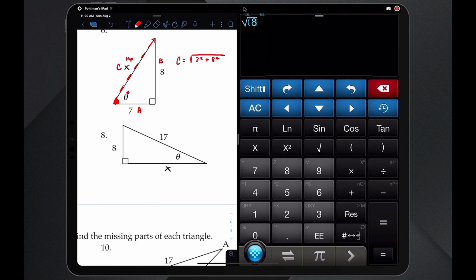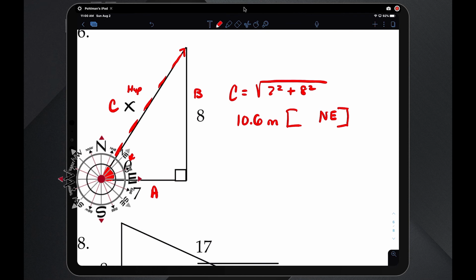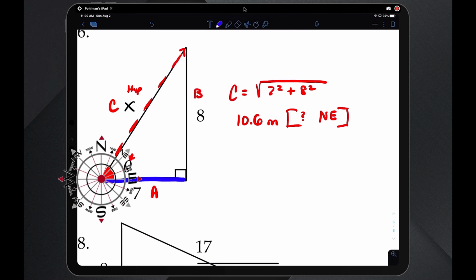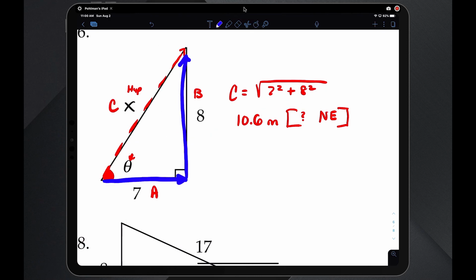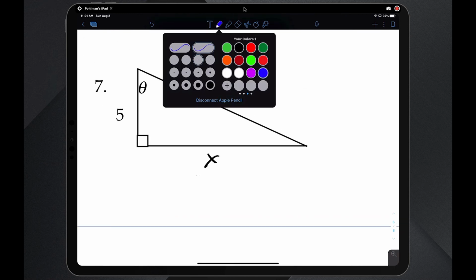We have 8 squared plus 7 squared gets you 10.6. 10.6 meters, and then we need an angle for this. The angle for it, I know it's pointing to the northeast, and I know that because some part of this has to go to the right, and some part of that has to go up in order to make that northeast direction.